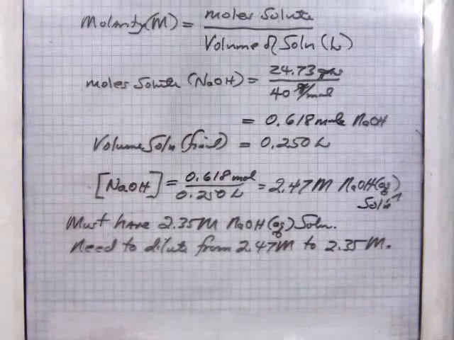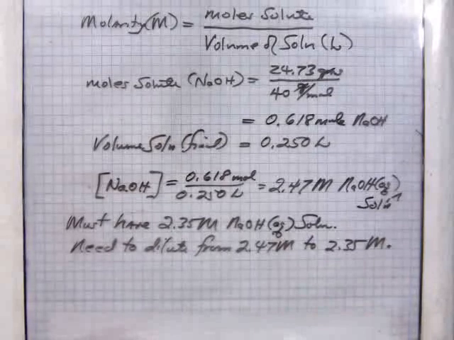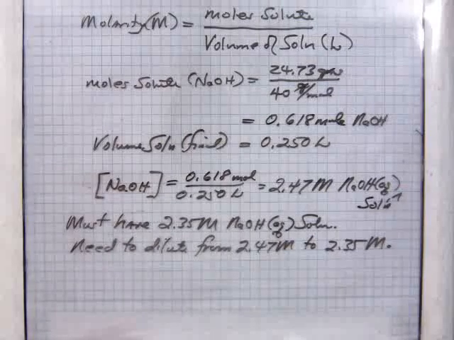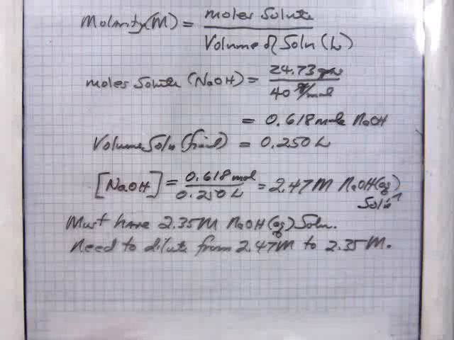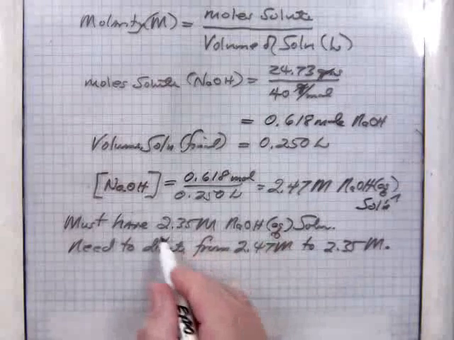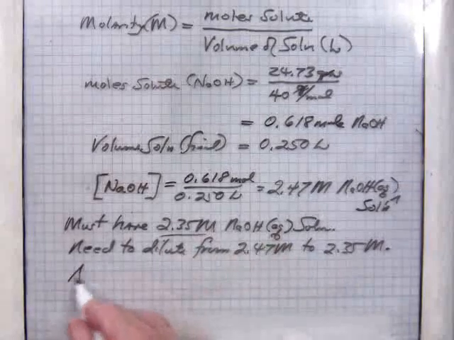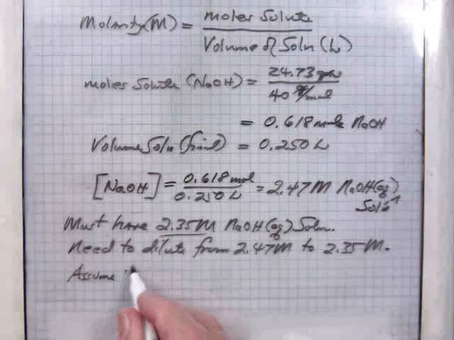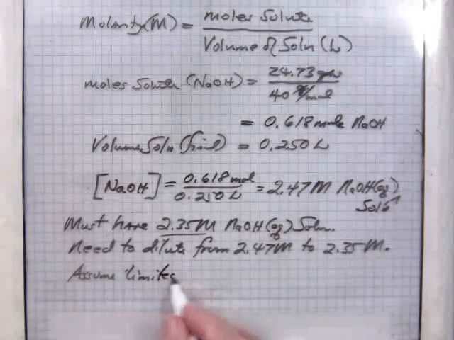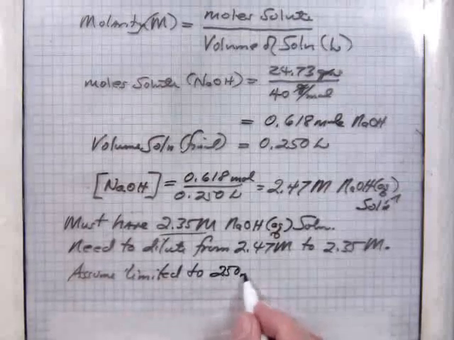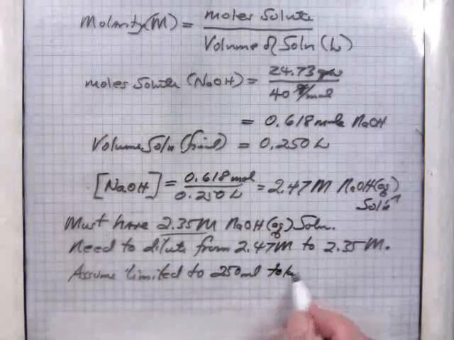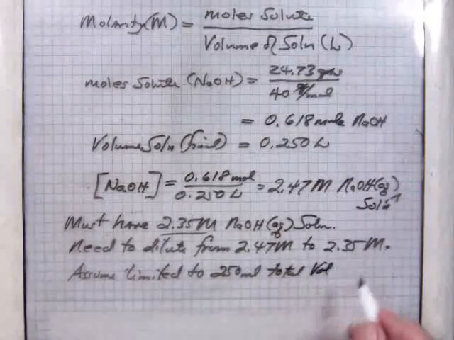There's a simple formula that will allow you to calculate the amount of water that you would have to apply to that to dilute it to the final volume. If you're limited to 250 milliliters, then how many milliliters of the concentrate do you need? So let's assume limited to 250 milliliters total final volume.